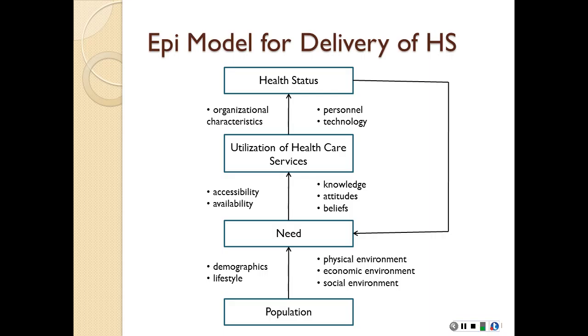We characterize our populations, and then we look at need. Need is simply any perceived problem in health or healthcare services. You can get into the question of perceived by whom, but right now, need is a perceived problem.